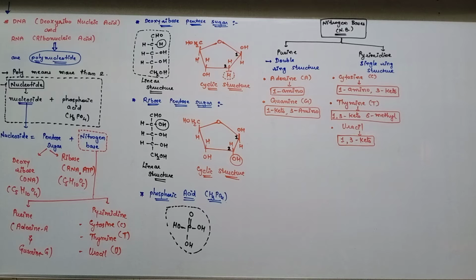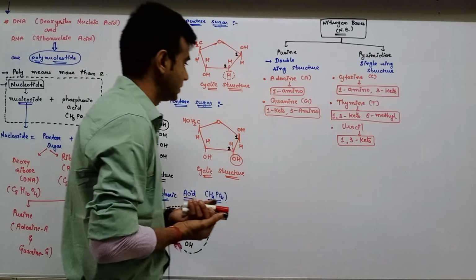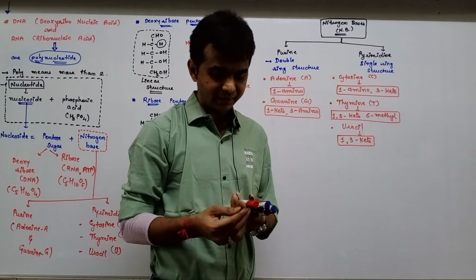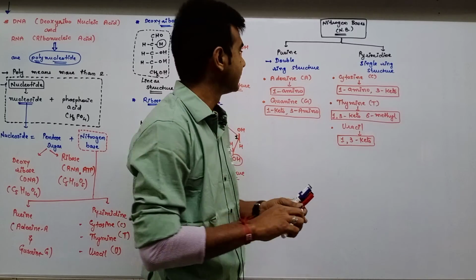So these are the codes for purine and pyrimidine nitrogen bases. Let's see the structures of each and every nitrogen base.